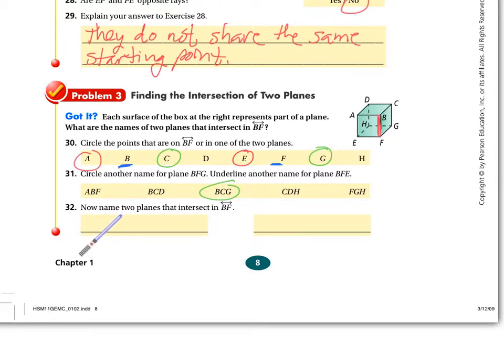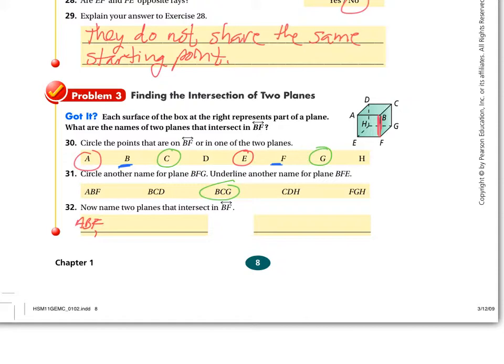And then the last question says, name 2 planes that intersect in BF. Well, you can name them however you want to. Whatever 3 letters you want to over here, and whatever 3 letters over here. So, for instance, couldn't you do A, BF for the front plane, ABF? What else could I do? What's another name for this front plane right here? Using A, B, E, and F. What else could I have?